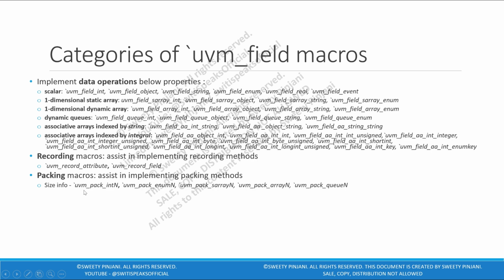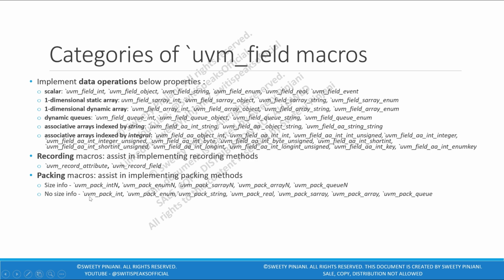Then since it's for packing, it has UVM pack, and then whatever the type. Say for example, if you want to pack an integer, you will have UVM pack int and you are specifying the size, that's why n. For packing enum, it's UVM pack enum and specifying the size, that's why n. This will be for static array. This is for dynamic array. This one is for Q.